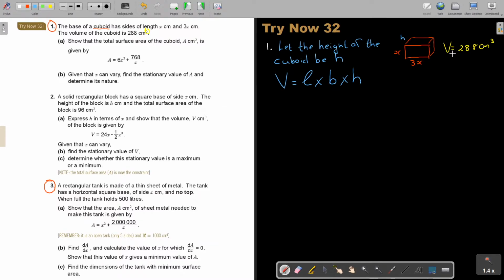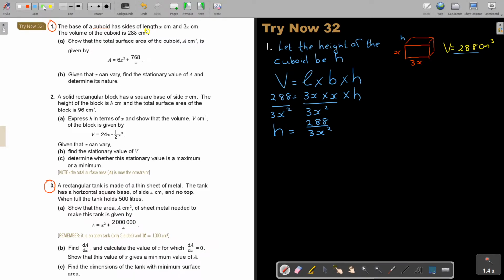Now what is the volume? It's 288. What is the length? It's 3x times x times h. Now make h the subject of the formula. So I'm just going to divide by 3x squared. So the value of h is 288 divided by 3x squared.